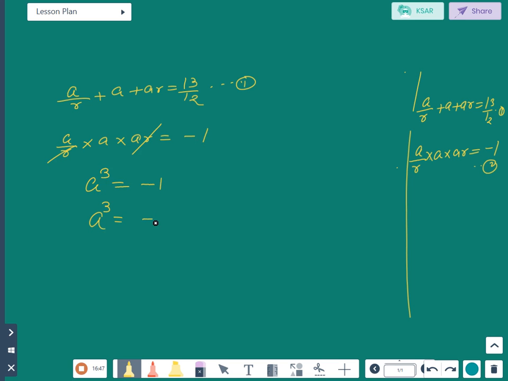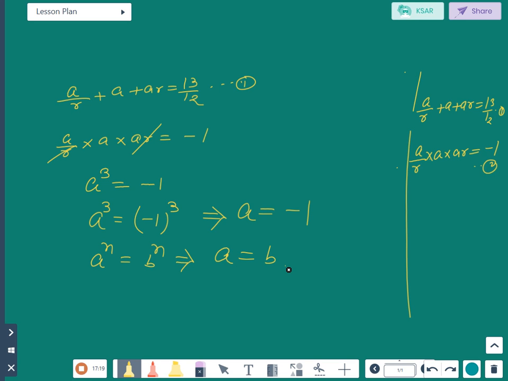When there is a cube, we can write -1 as (-1) cubed, so a cubed equals (-1) cubed, which implies a equals -1. By the law of exponents, whenever the indices are the same and the bases are also equal, a equals b. So a equals -1, which you calculate here.